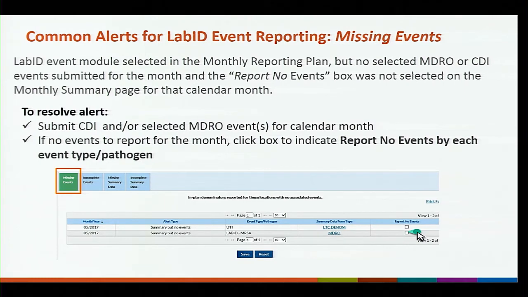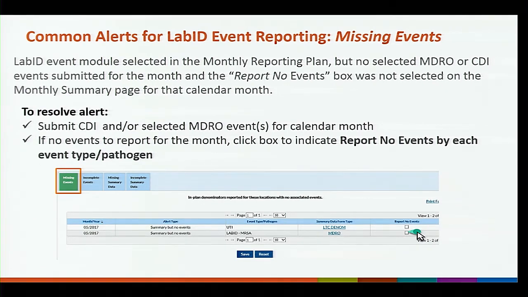If I know that for that month, that's the month that we decided that we were not going to perform NHSN surveillance, what do I need to do? Go back to that monthly reporting plan and put a check mark in that box to indicate we decided that we're not following surveillance for this month. We're not performing or submitting.